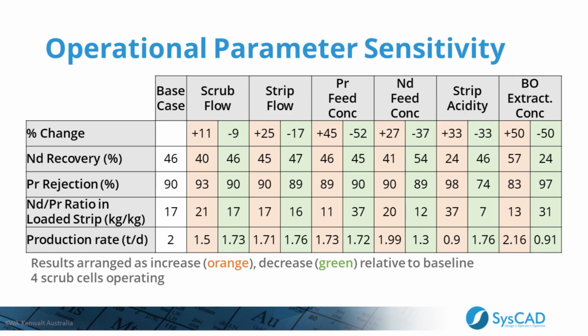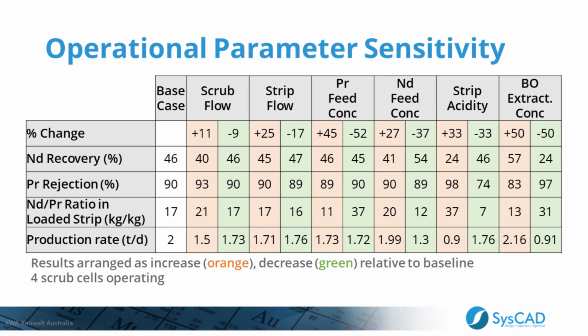And the strip flow we also increased by adjusting the O to A ratio in their respective scrubbing and stripping circuits. What you can see is that as you increase the scrubbing flow, the neodymium recovery goes down. As you decrease the scrubbing flow, the neodymium recovery goes up. And of course, as typically you'll see throughout these, as the recovery goes down, the rejection goes up. So these seem to be coupled that way.